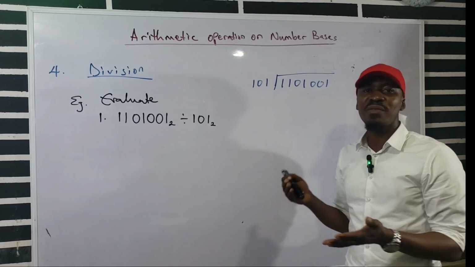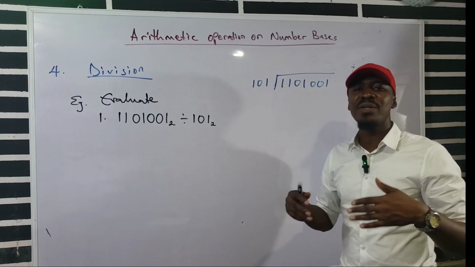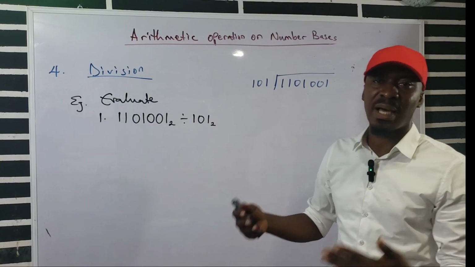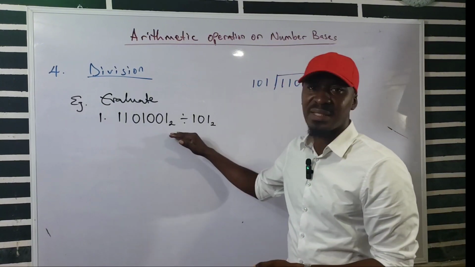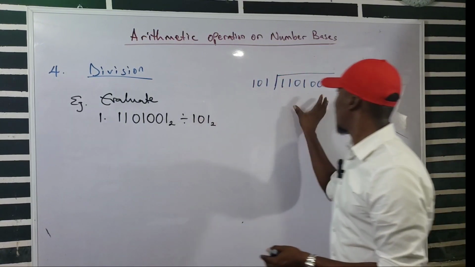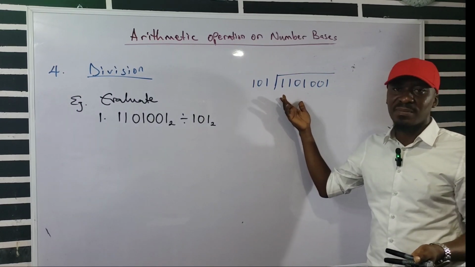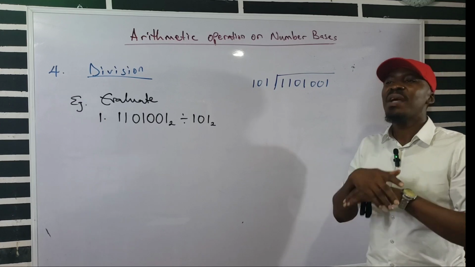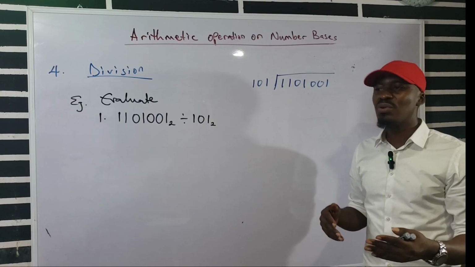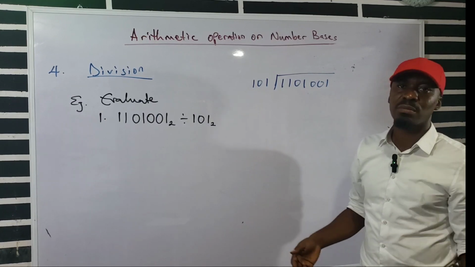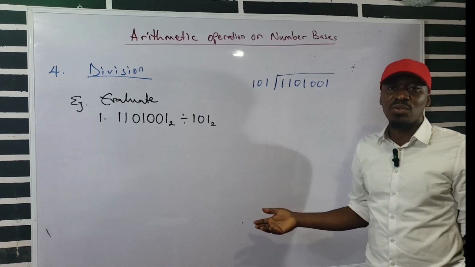It's definitely going to give you 1 because base 2 cannot give you any other number except 1 and 0. You can see why, in base 2, you might not feel how complicated the method is, because whenever you divide in base 2, you either have 1 or 0. So that's the only 2 things that you're going to have.